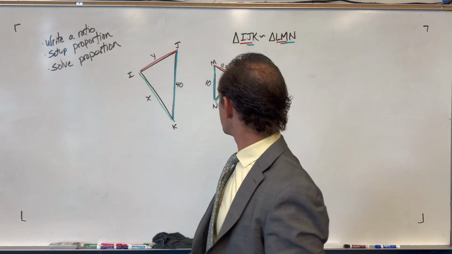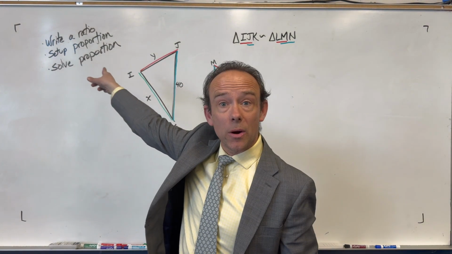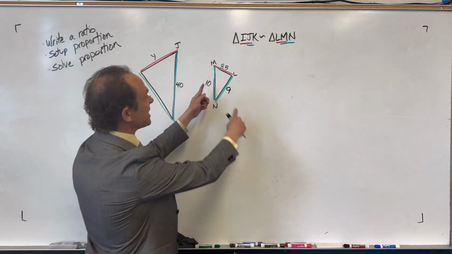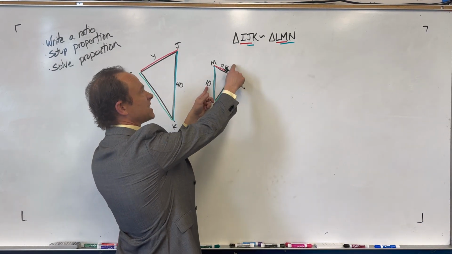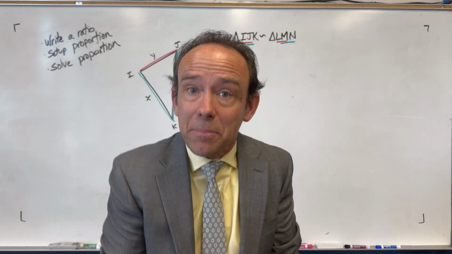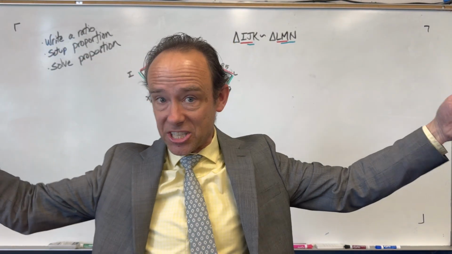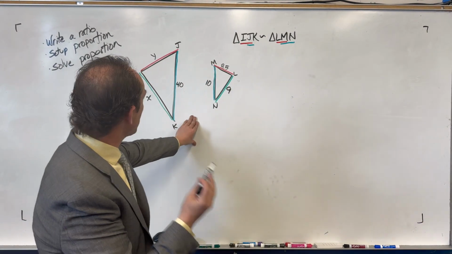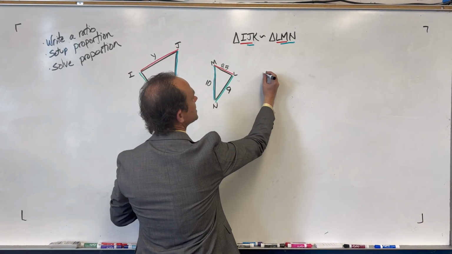So first, let's do it the way I wrote on the board, which is to just write a ratio. At this point, I could write 10 is to 9, or 10 is to 8.5. I could talk about ratios within the shape or ratios between the shapes. Here I'm going to go between the shapes, so I'm going to say 40 is to 10.